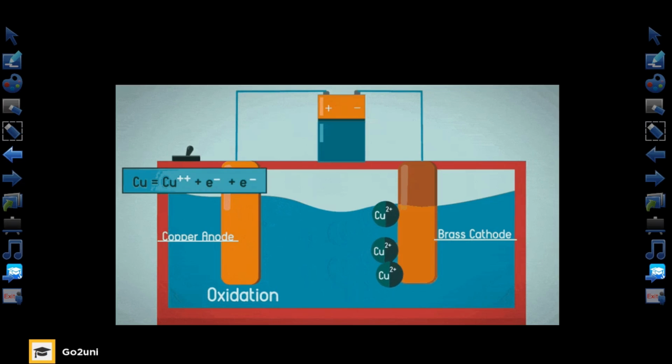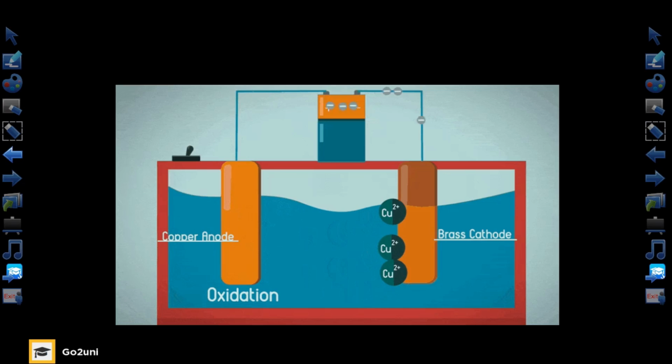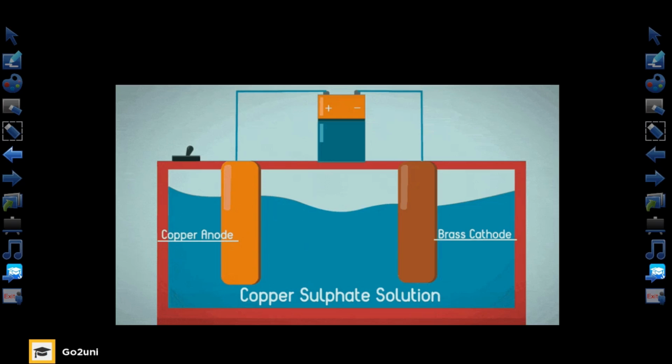The cathode will increase in mass and size, but the anode will be diminishing gradually, wearing away. The anode will keep reducing in mass and size, but the cathode will keep increasing. This is the mechanism of electroplating.